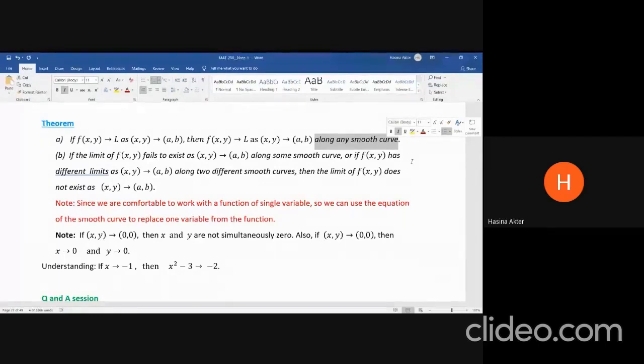Now, each direction is given by some smooth curve. So along any smooth curve means, in place of a smooth curve, you can think of a direction to approach the point. So if the limit is L, then the limit will be the same along any direction. That means along any smooth curve. Is it clear now?